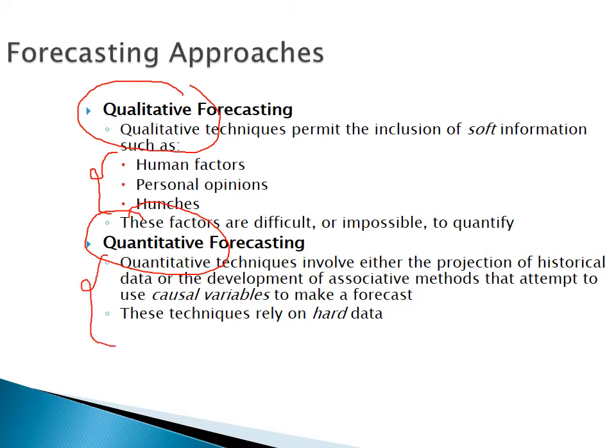So we try to make some statistical model to make that quantitative forecast. In this chapter, we'll concentrate more on quantitative forecasting. So let us look into some of the techniques for quantitative forecasting.